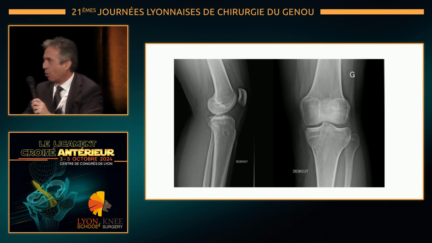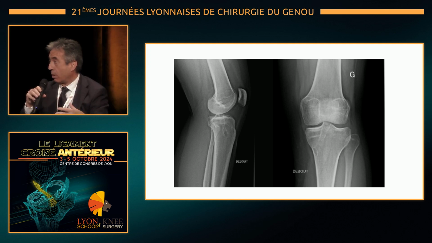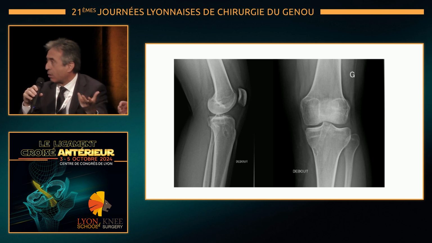So, do you think the reason for failure is more the tunnel position or the hyperextension and the type of patient? Probably both. It's a consequence of the mistakes plus the status of the lady.